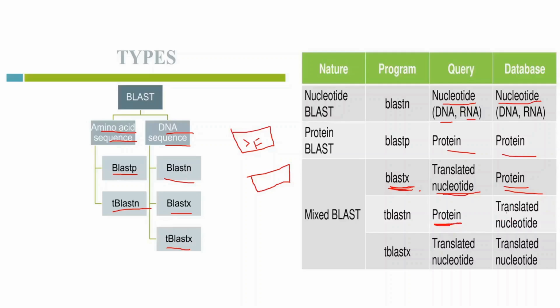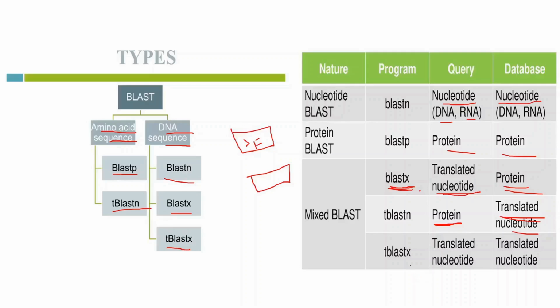You are searching a protein query against the translated nucleotide, which means it is protein sequence only, but the database contains the translated nucleotide. It will perform the BLAST against the translated nucleotide. TBLASTX is where both things are translated, and both things are nucleotide. That you have to remember.